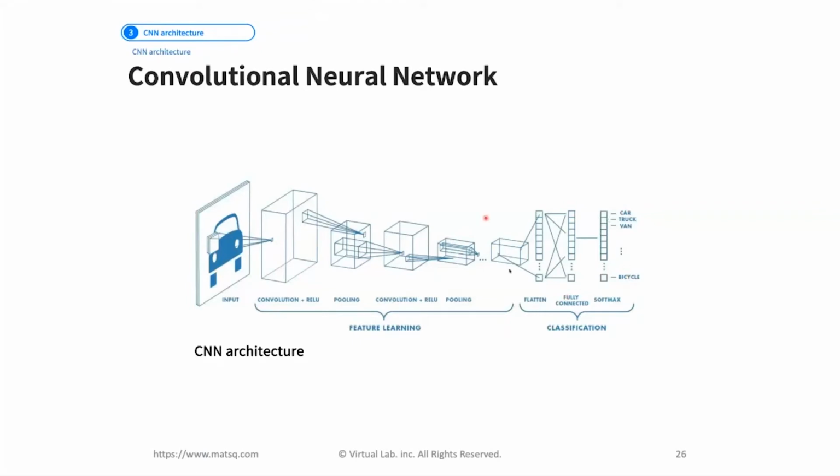So all CNN networks can be performed in this area. The front part is the learning part. The back part is the same as an ANN. So the picture learning part is crucial, as I mentioned. This part consists of convolution, ReLU, pooling, again convolution, ReLU, pooling, and convolution, ReLU, pooling, something like this. This is the learning part, repeated.